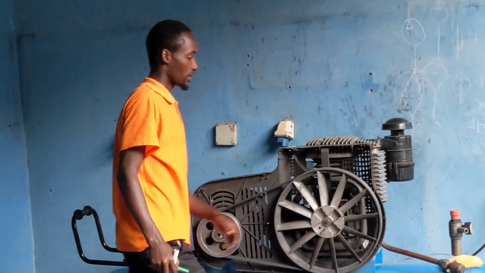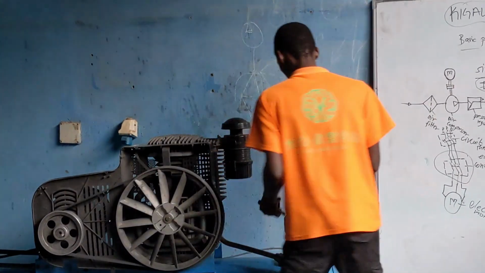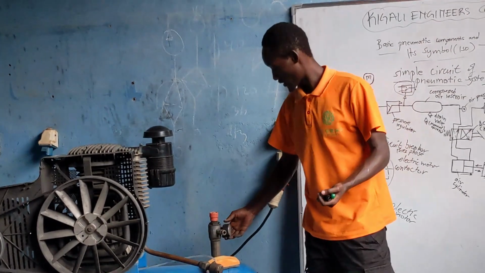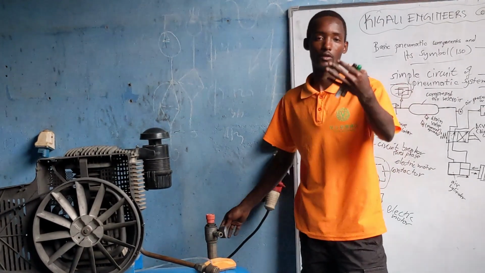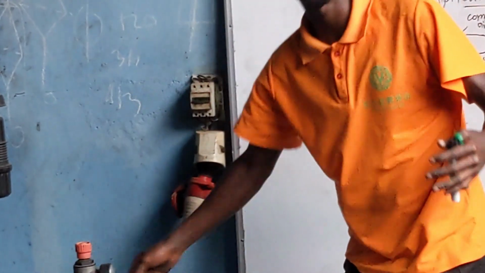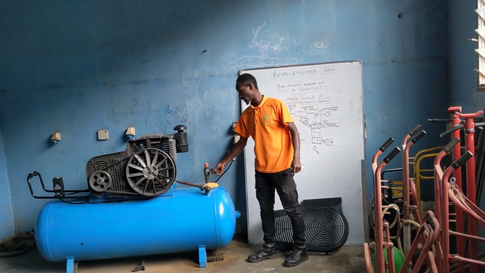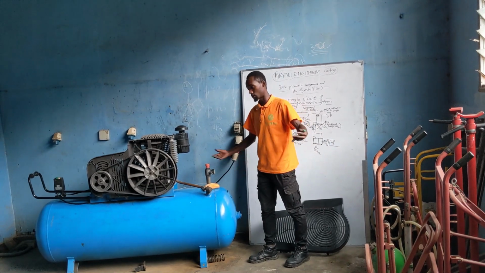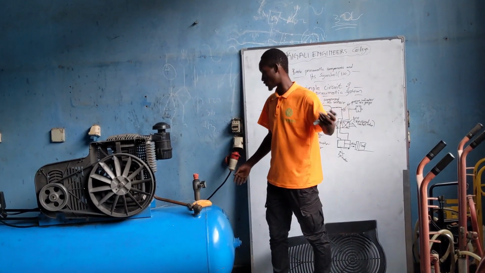So there is the gauge, or regulator, the air pressure regulator. If you want to use a specific air pressure, you come and regulate it. If it's 5 bar, you just set it to 5 bar or other values, then connect the pipe there and go to use it in some machines or in your circuit, according to the standard pressure you want to use.